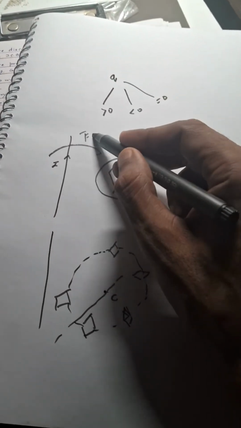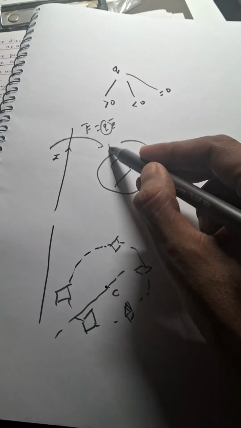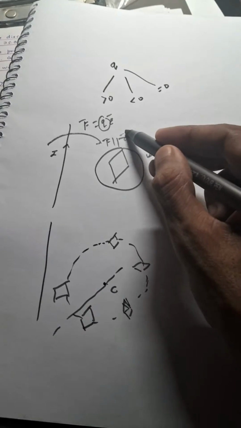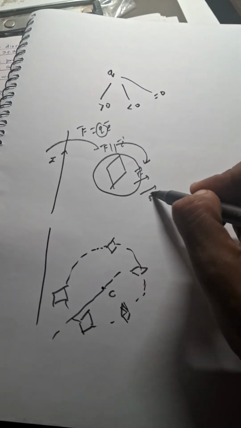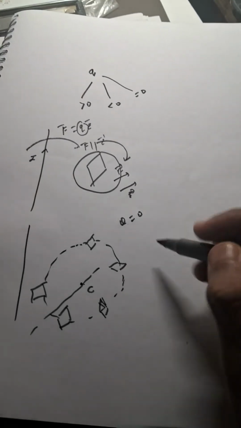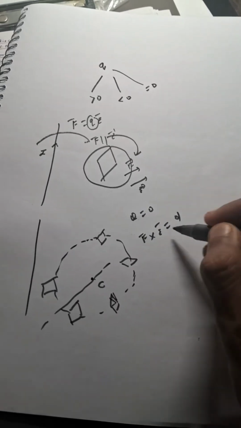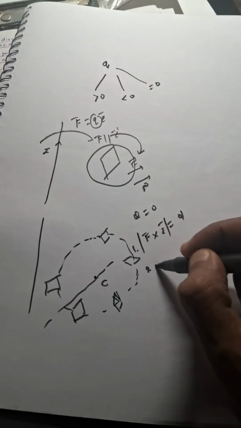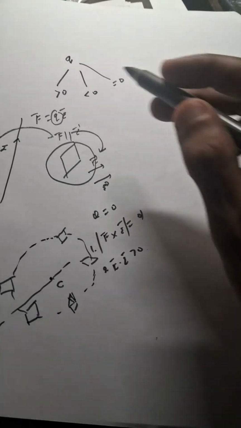We know that force is equal to Q into E. If Q is positive, F will be parallel to vector E. So force and electric field will be parallel and the angle between them will be zero. If the angle between them is zero, the cross product of F and E will have magnitude zero and the dot product F dot E will be positive. This is the analysis that we can make.